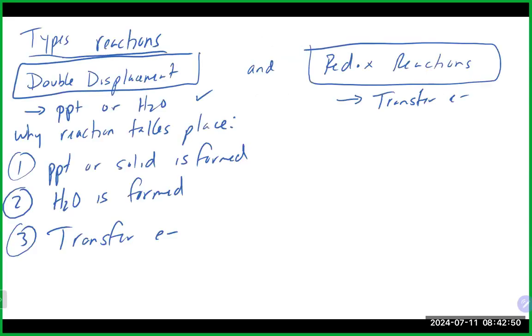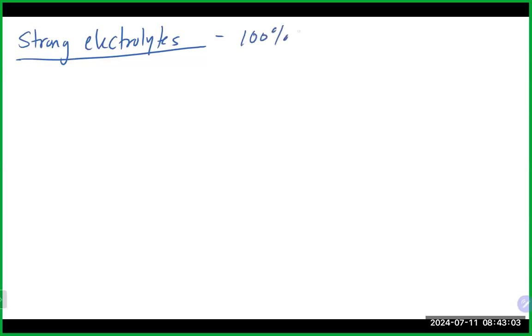So when we talk about electrolytes, there are strong electrolytes, and strong electrolytes will 100% break apart into ions.